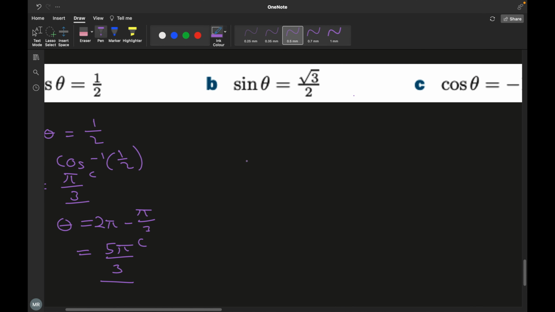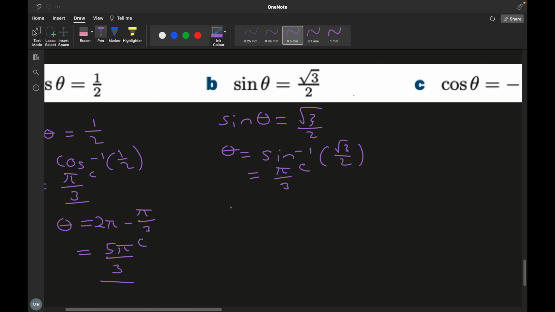Okay, now let's look at the next one. It's given that sine theta is root 3 by 2. Therefore, theta is sine inverse of root 3 by 2, which is also 60 degrees or pi by 3 radians. But the second angle won't be the same.